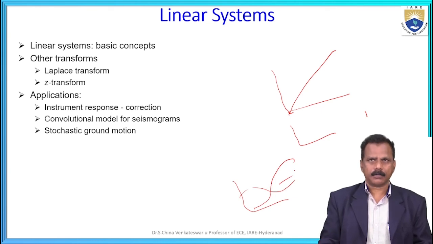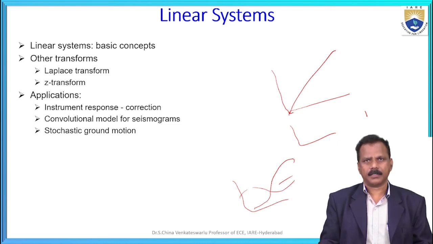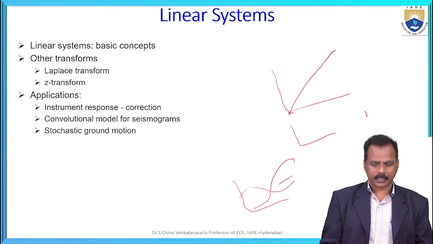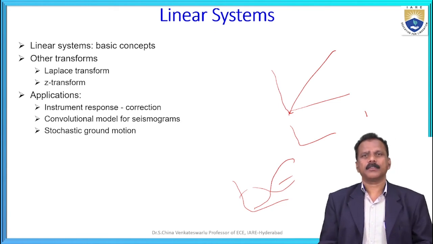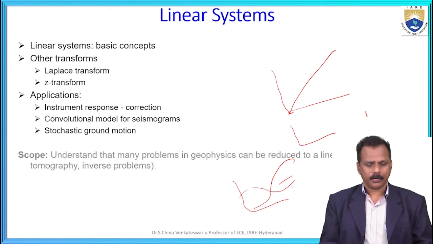Compared to the non-linear system, the linear system is dependent on the Laplace transform or Z transform, so we can estimate that it is suitable for a particular instrument response, maybe for correction purposes, or a convolutional model for seismograms and stochastic ground motions.